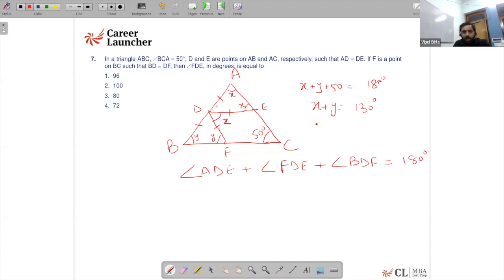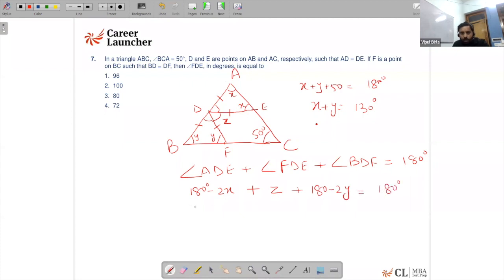Now ADE, the third angle of triangle ADE, will be 180 degrees minus twice X, because the sum of three angles in that triangle is 180. FDE we have assumed to be Z, and angle BDF will also be 180 minus twice angle Y, and their summation is given as 180 degrees.